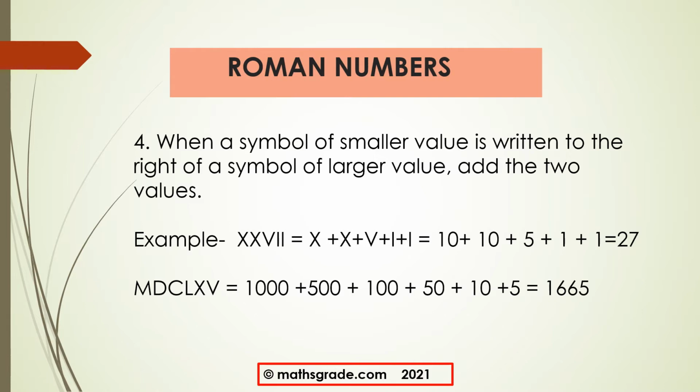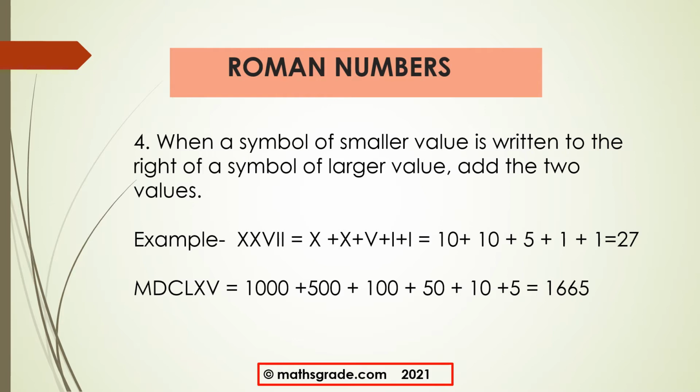And when a symbol of smaller value is written to the right of a symbol of larger value, then add the two values. Suppose, for example, XV. Here the value of X is 10 and the value of V is 5. 10 is greater than 5, so V is written to the right side of the number X. When a symbol of smaller value is written to the right of the larger value, V is 5, written to the right side of the number X, that is 10. 10 is bigger than 5 and 5 is smaller than 10.